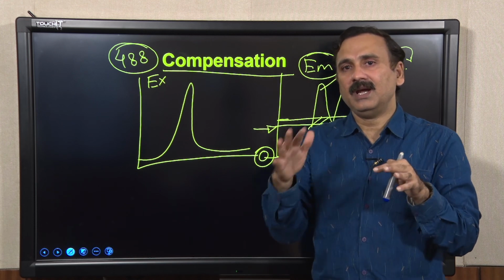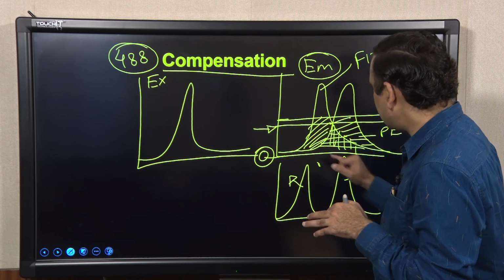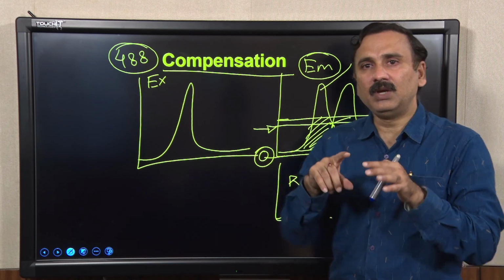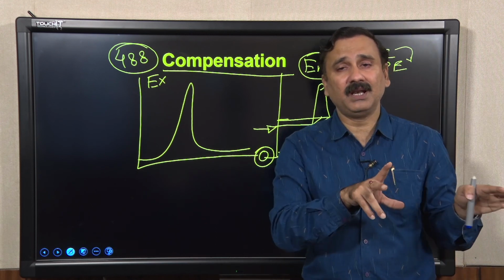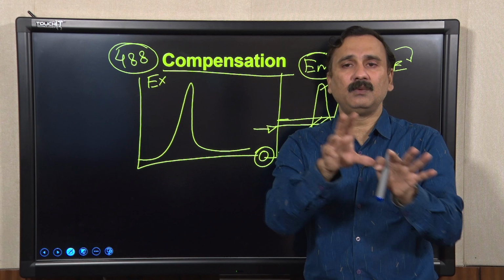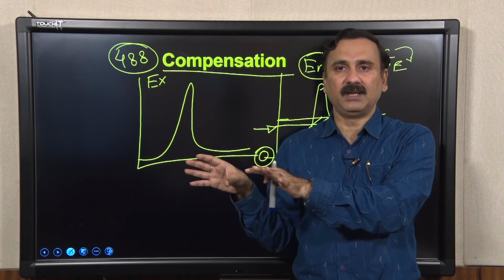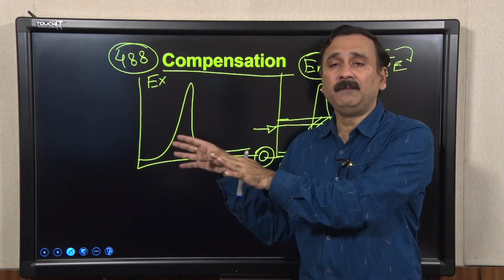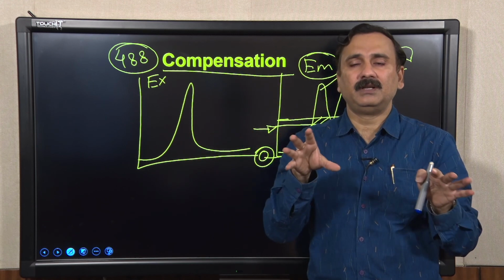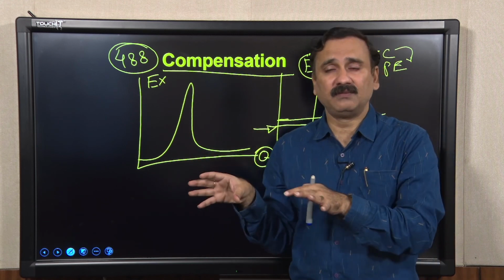In some cases it does an integration of these two signals, and it will tell you that if you see a FITC signal, it is going to be contaminated with 15% of the PE signal. If you see a PE signal, it is going to be contaminated with 25% or 22% of the FITC signal.